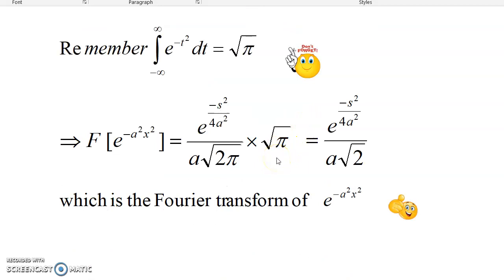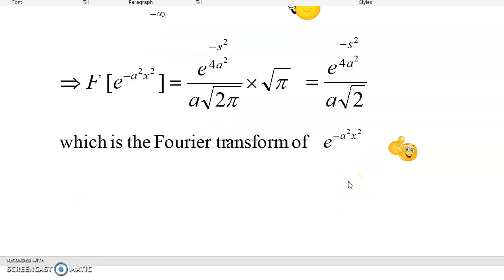So we have substituted the formula and the final answer is this. Cancelling root pi and root pi, we have the final answer of Fourier transform of e power minus a squared x squared as e power minus s squared by 4a squared divided by a into root 2. So this is the Fourier transform answer.